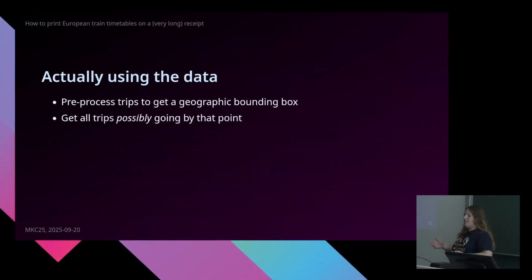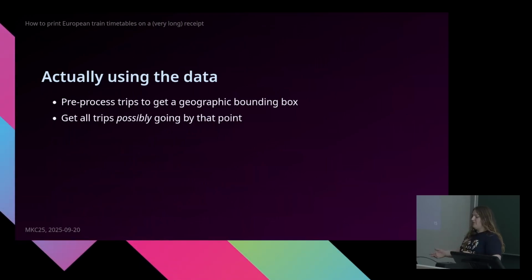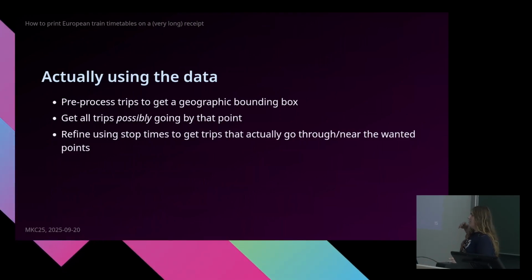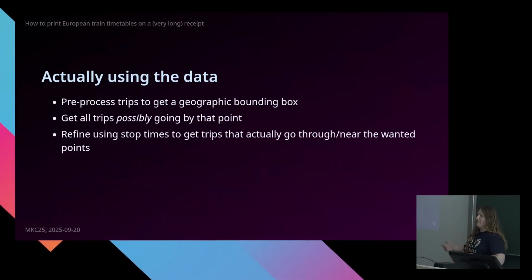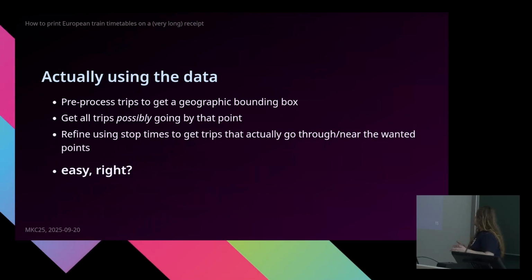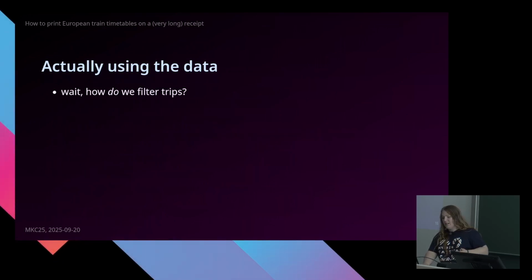Then from that, we can basically pre-filter that. And then for each one of the matching trips, we can look at the more detailed segments between two consecutive stops and see what it kind of looks like. So this should be easy, right? It's nothing really hard to do.